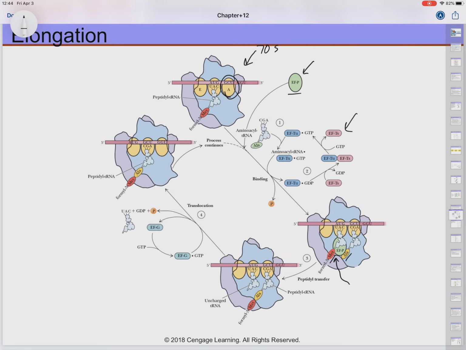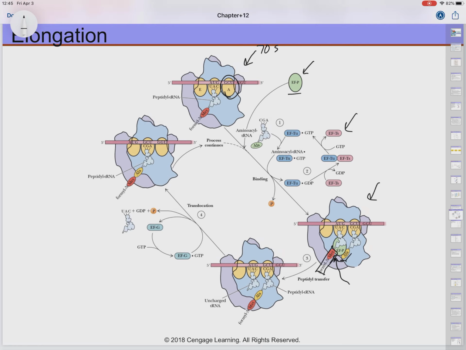Okay, so then we've got a new amino acid tRNA in the A site. So now we're here. All right, so then peptidyl transfer happens. So the peptidyl transferase catalyzes the transfer of this amino acid chain, or in this case it's just one amino acid, but as this gets longer, the chain will get transferred over via nucleophilic attack of the nitrogen from the alanine on the C-terminal end of that methionine, and we get a transfer.